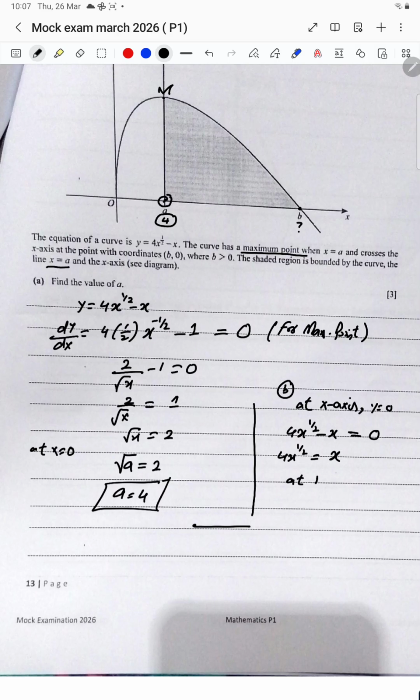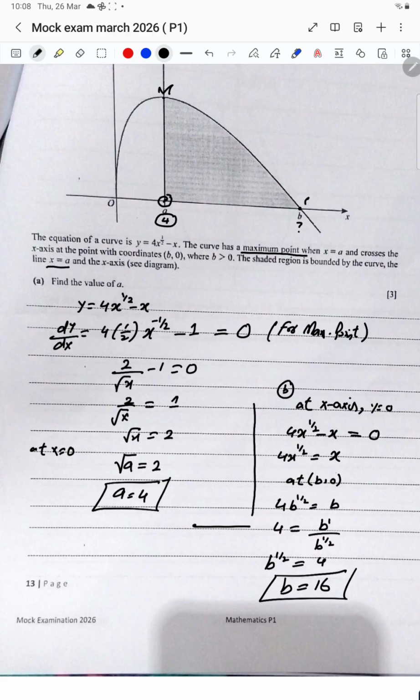At b, 0, we have 4b power 1/2 is equal to b. So 4 is equal to b power 1/2, that gives me b power 1/2 is equal to 4, so b is equal to 16. So the coordinate at b is 16. Here A is 4 and b is 16.